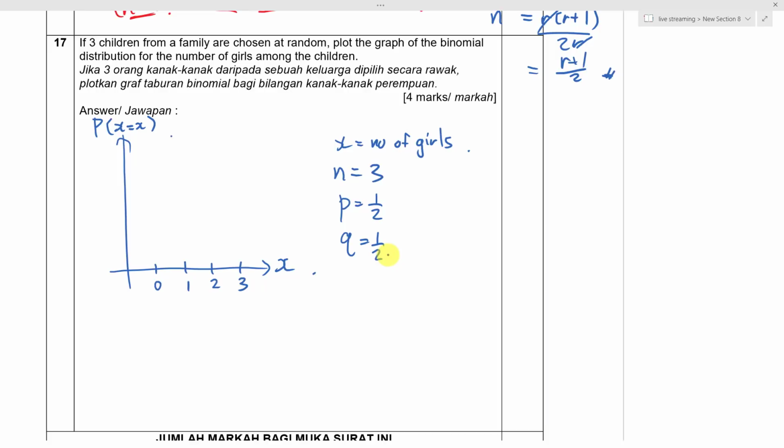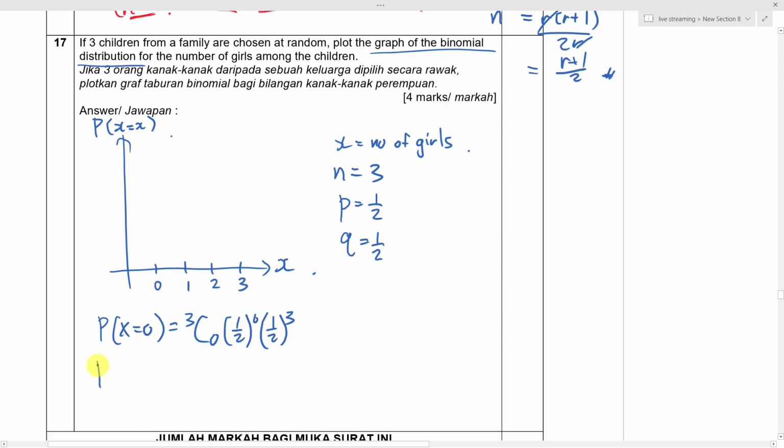Alright, so right now they ask about plotting the graph of the binomial distribution. So if 0 girl, so this is x equals 0, then I will do something like 3c0, 1 over 2 power of 0, 1 over 2 power of 3. And you realize it's the same with 3 here.